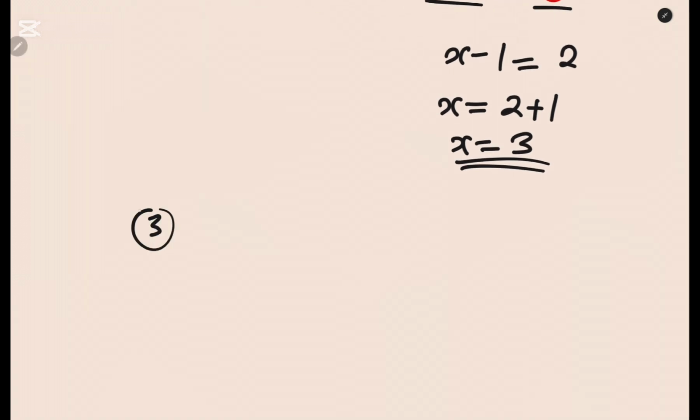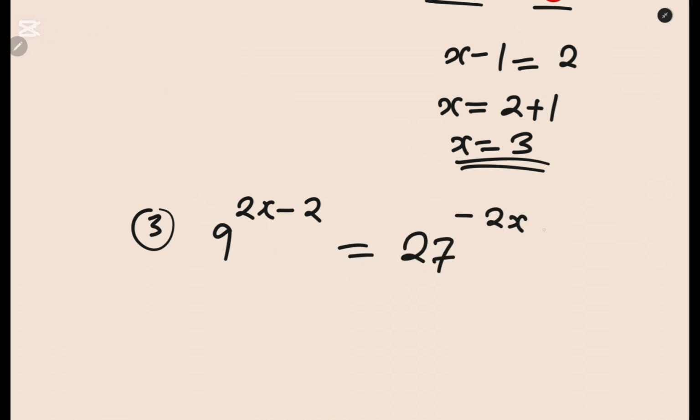This is the third example that we are looking at. Let us say we have 9 to the power 2x minus 2 equal to 27 to the power negative 2x. Does this one appear complicated?